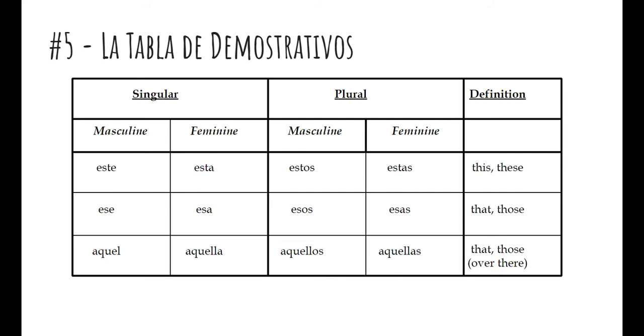I like to break these down into nearness to the speaker. So these are going to be used when the item is fairly close to the speaker, kind of within arm's reach. The that or those would be for items that are far, as in not within arm's reach, but they're still within plain sight. The that or those over there, those are going to be in reference to things that are not just far, but far away.